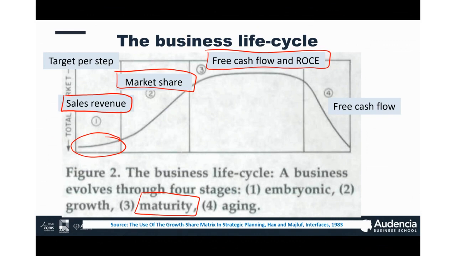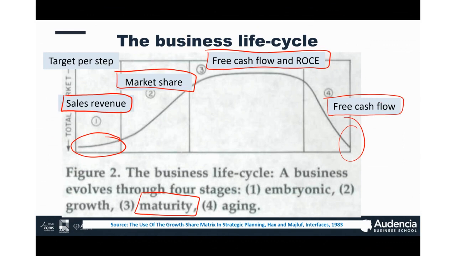You are supposed also to have positive return on capital employed, and to increase the return on capital employed because you have efficiency in the way you manage your working capital requirement, because of the productivity of your investments in property, plant, equipment, and intangible assets, and because of the capacity to reduce the unit cost by comparison with the selling price. At the end, your target is only free cash flow because you are supposed to stop the activity.